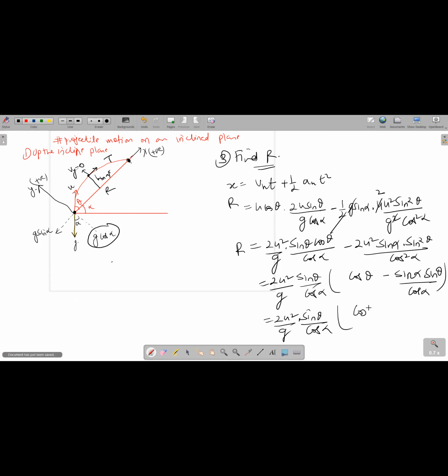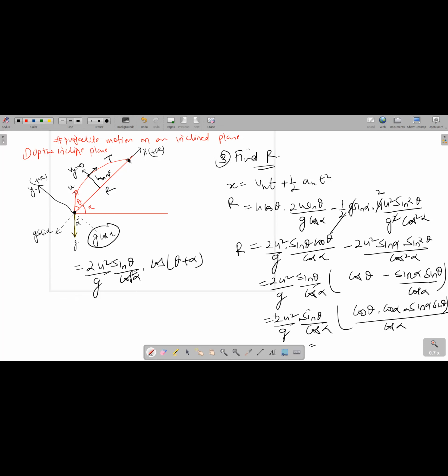Take LCM: cos theta into cos alpha minus sin alpha into sin theta upon cos alpha. So I write here 2u square upon g sin theta upon cos alpha into, this is cos A cos B minus sin A sin B. That is the formula of cos A plus B.